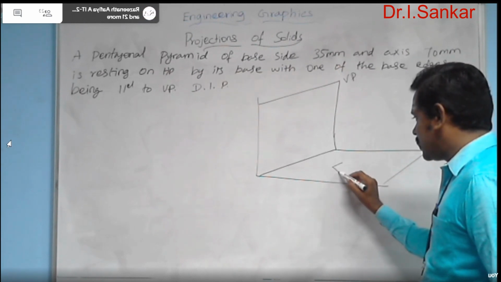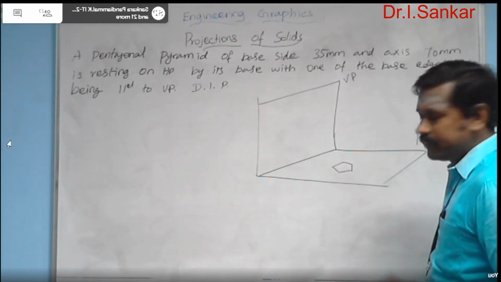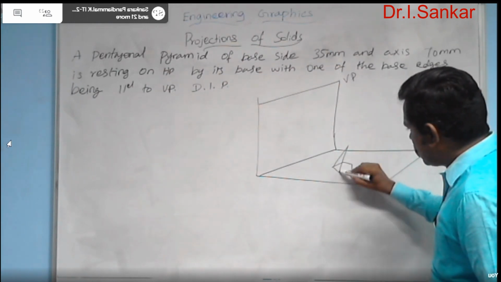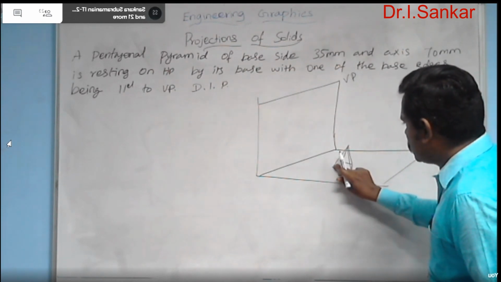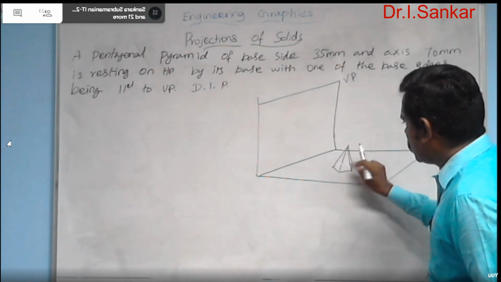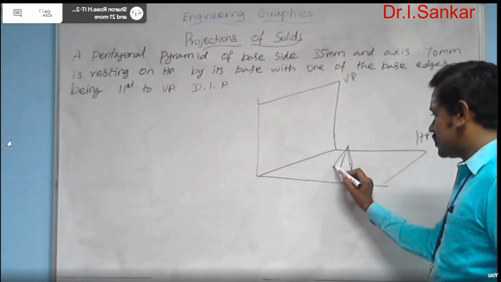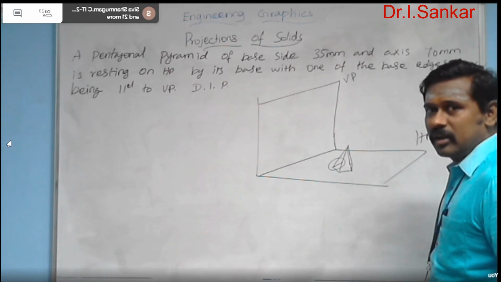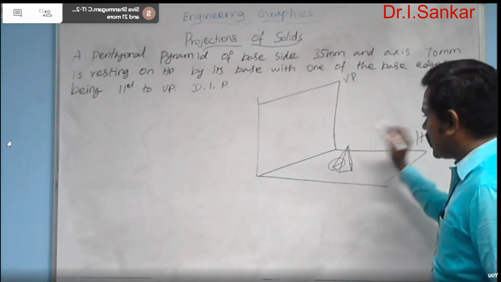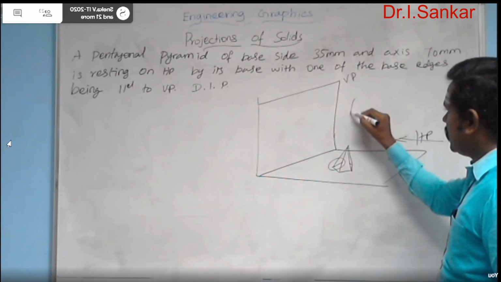The rest of the edges are in their own way, and then you can complete the solid. So in this way only you are having your pentagonal pyramid. The one edge which is considered is parallel to VP, and the solid is standing in that way. You need to draw its front view and top view.